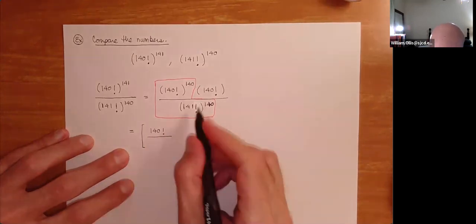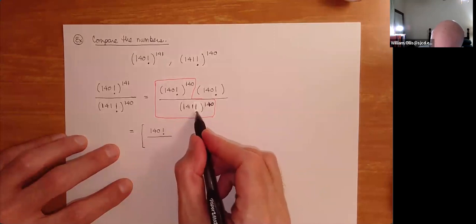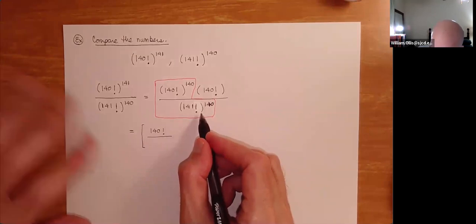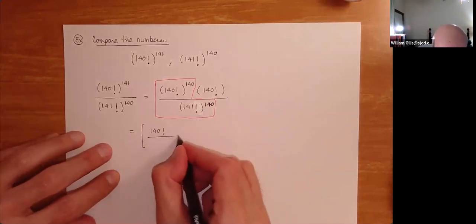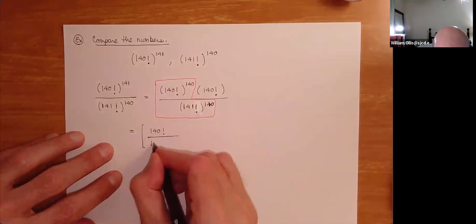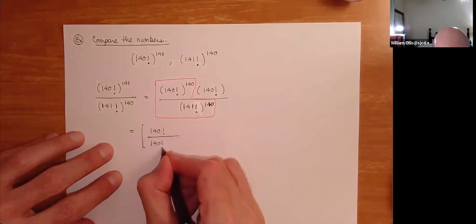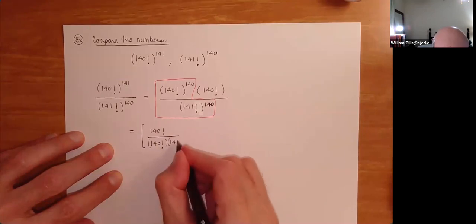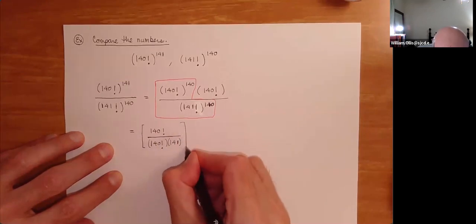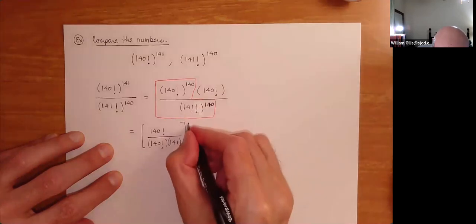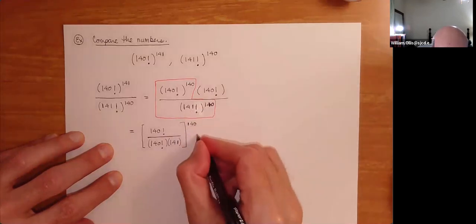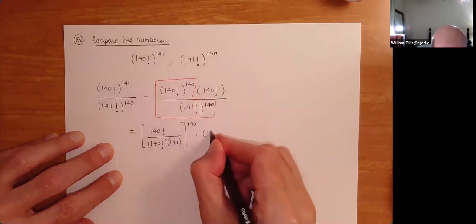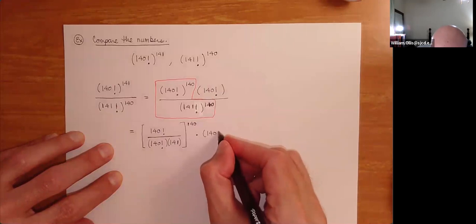And now, of course, remember, 141 factorial is just 141 times 140 factorial, the same identity I gave you at the very first of the lecture. So this is 140 factorial times 141 by definition. And this is raised to the 140th power times, and then we've got this rogue term over here, 140 factorial.